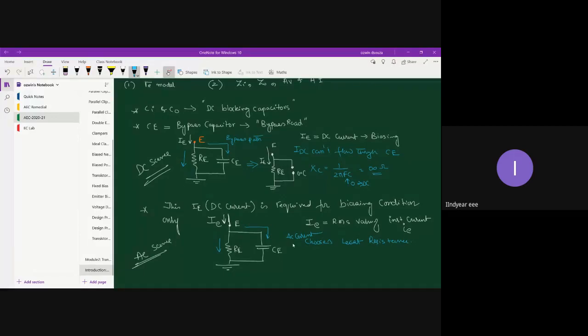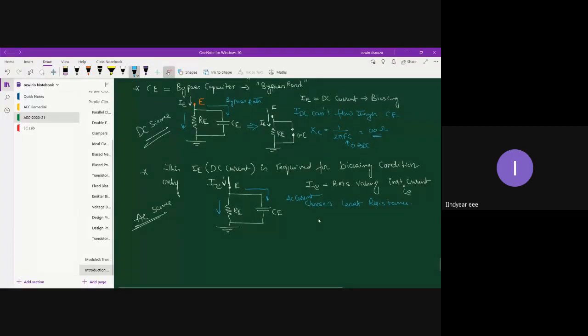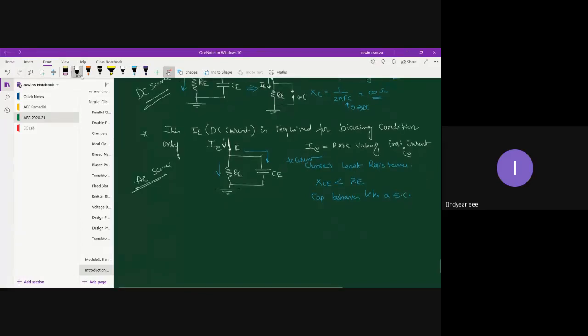On the other hand, for AC, the reactance offered by the capacitor, XE, is less than the resistance value RE. Since XE is less than RE, the capacitor behaves like a short circuit.